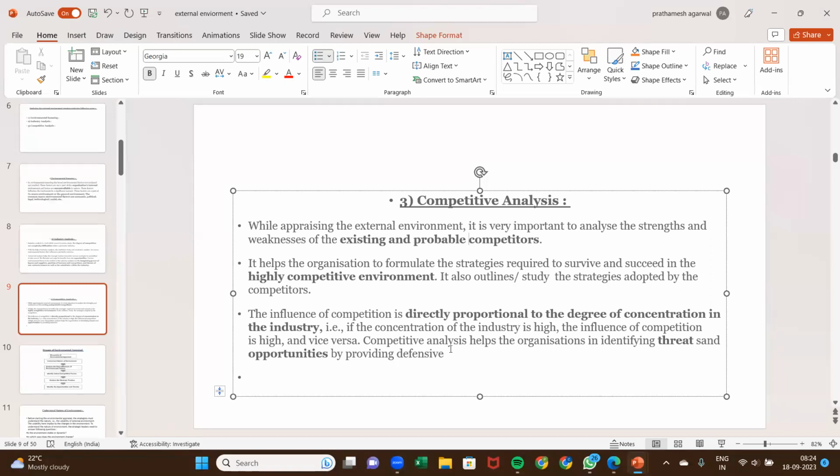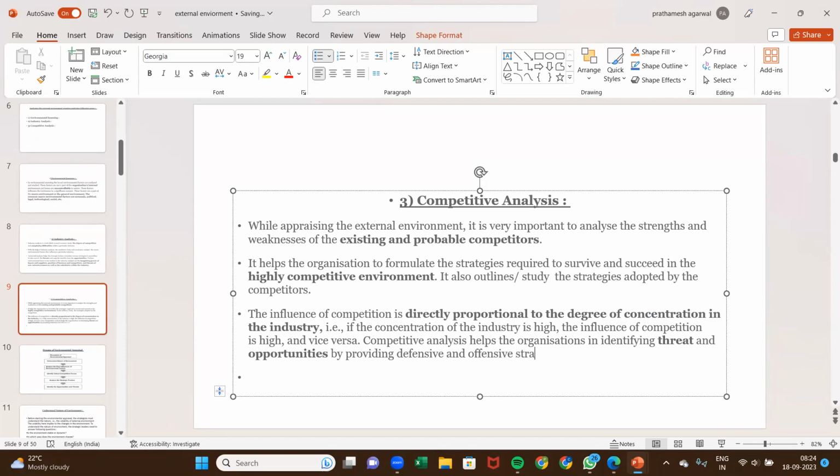The influence of competition is directly proportional to the degree of concentration in the industry. Now, what does this sentence mean, right? If the concentration of the industry is high, the influence of competition is high and vice versa. So, the meaning of this point is that the competitive analysis will help the organization to identify threats and opportunities by providing defensive and offensive strategies.